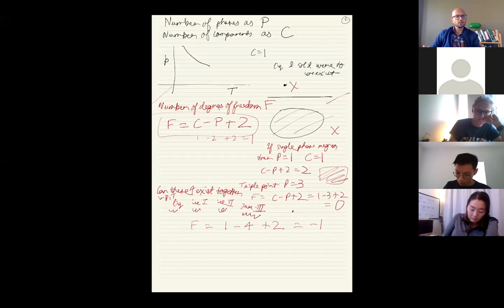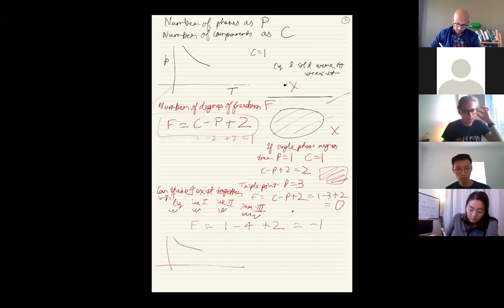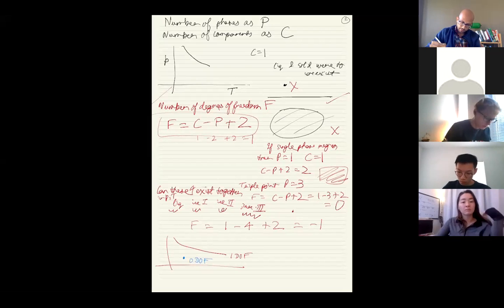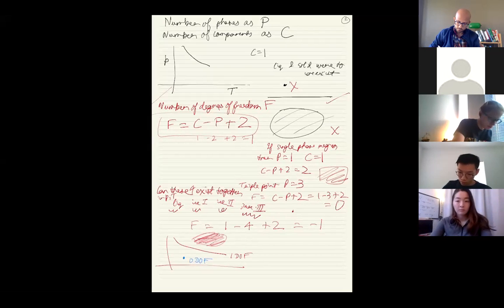So pressure temperature diagram can only represent 1 degree of freedom always? No. In a pressure temperature diagram, 1 degree of freedom means a line. 0 degrees of freedom means a point. 2 degrees of freedom means an area. Okay?